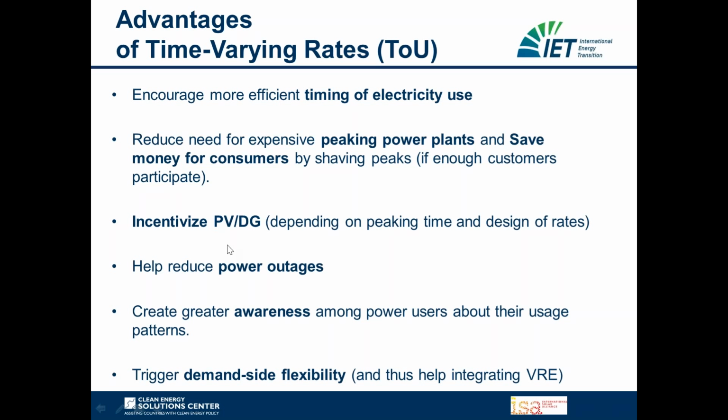This will then lead to incentives for PV and distributed generation. But as mentioned before, they could also help to reduce power outages, because you have a much clearer signal for the consumer about when electricity demand needs to be reduced and when power can be consumed without any problems for the system.